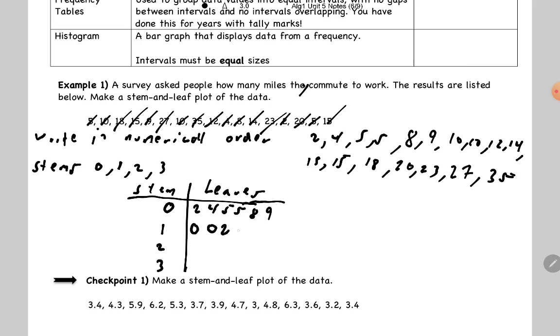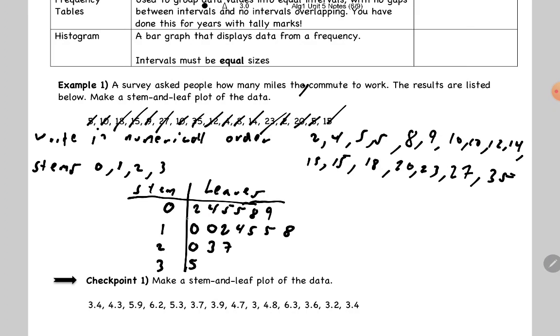This would mean 12, 14, and then there was 15 and 15, and then there was 18. Now we're in the 20s. 20 was our first number, then 23, then 27, and that was it. Then we move on to the 30s, and there was 35.